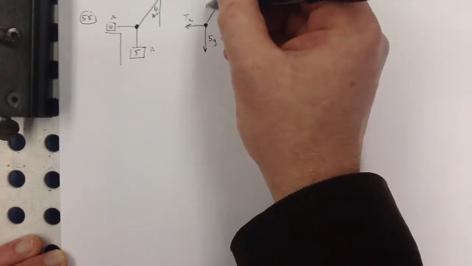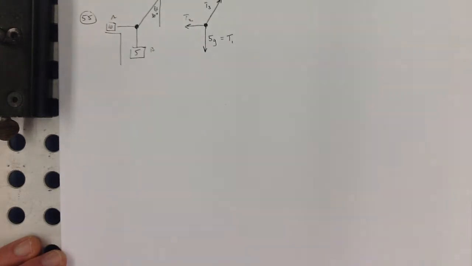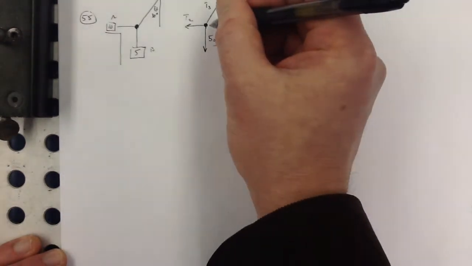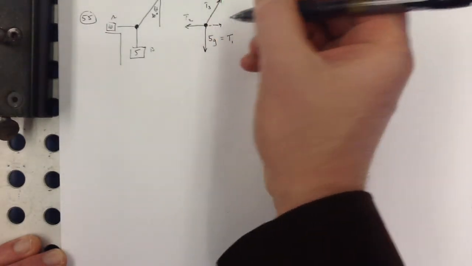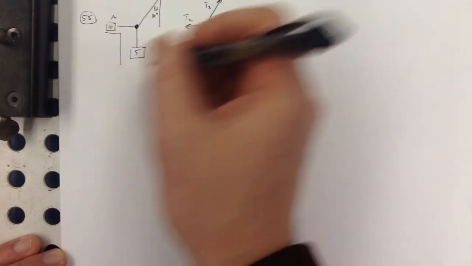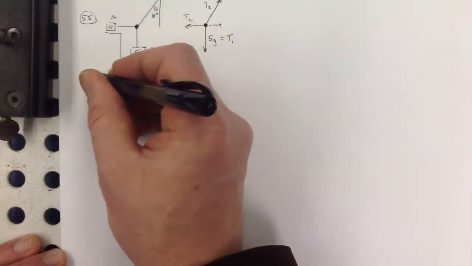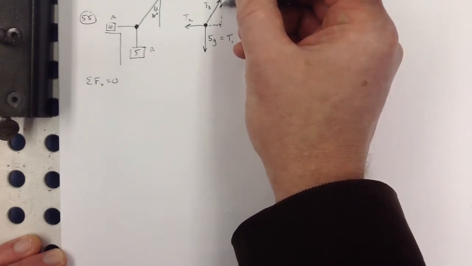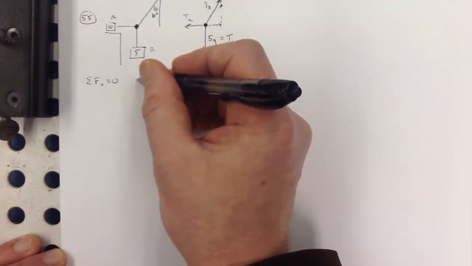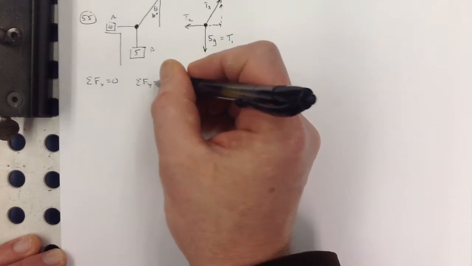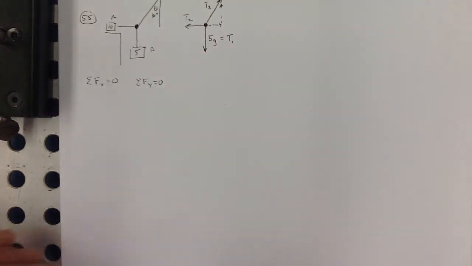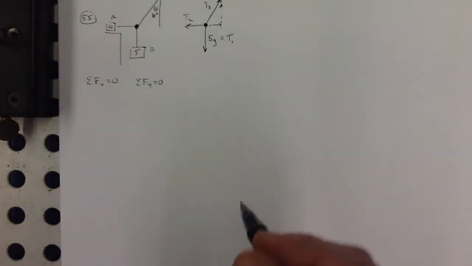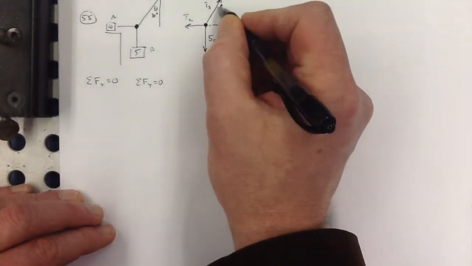Call that T3. Well, this is in static equilibrium, so that means the horizontal forces must be balanced, and the vertical forces must be balanced.